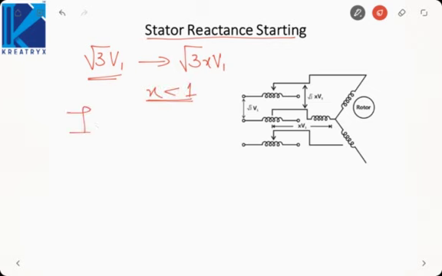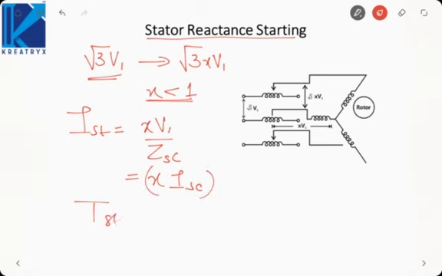If I reduce the voltage, the starting current, which is now x V1 by ZSC, becomes x times I short circuit. So starting torque, which is proportional to I starting square, now becomes x square ISC square. That means the starting torque is now x square times the initial value.